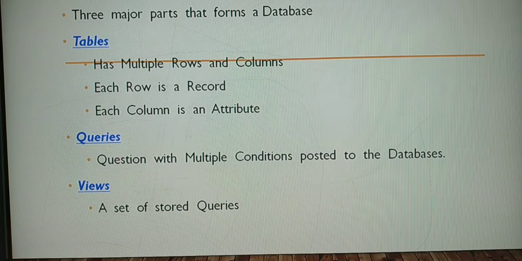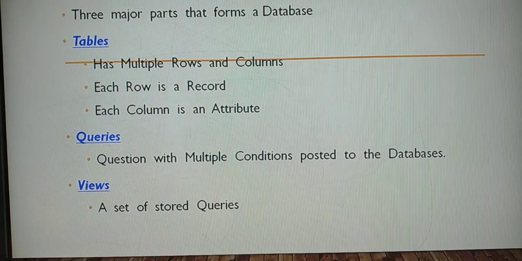The next one is the query. A query means you are going to ask some questions. The question may be more complicated in some cases, and more simple in others, with multiple conditions along with it. A question with multiple conditions that is posted to the database is called a query. Then views is nothing but a set of stored queries.